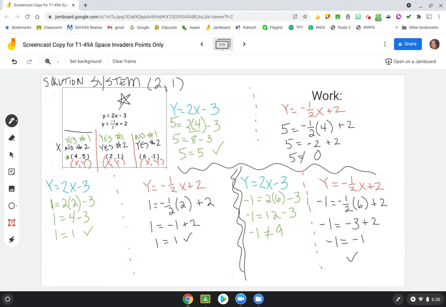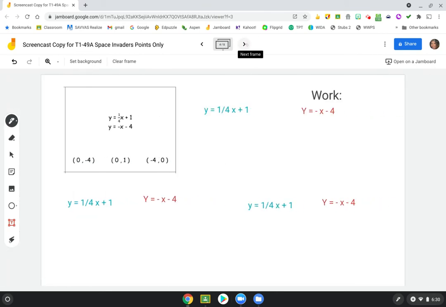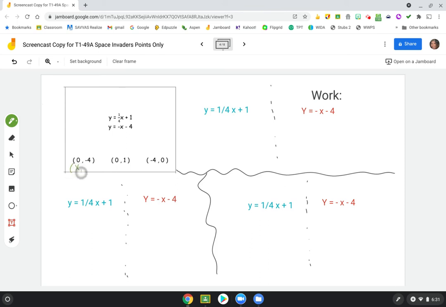Okay. If you look on the next slide, I actually already wrote the equations in just to save us a little bit of time. So I'm going to check each of the x and y's in both of the equations. I'm going to check each ordered pair. So, changing colors, I'm going to check this x, y combination: (0, -4).